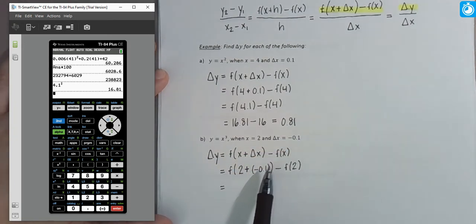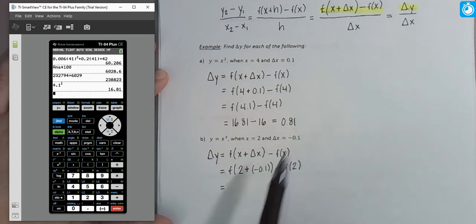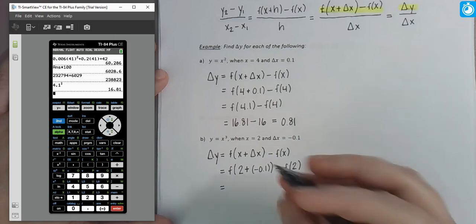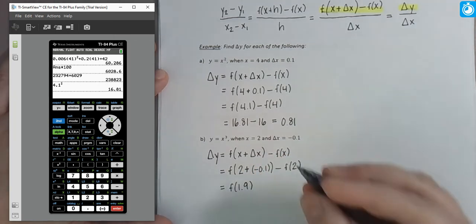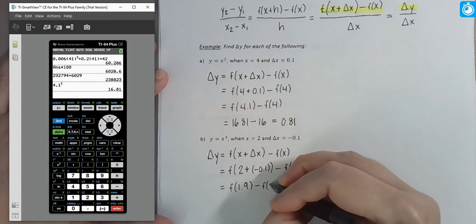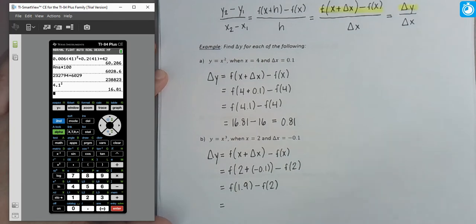So this represents the new x value as we transition from 2 and change just a little bit. So what's it going to be? Well, 2 minus 0.1 is going to be 1.9. So f of 1.9 minus f of 2. And we get these values based on our function definition. So we're going to take our input and cube it.